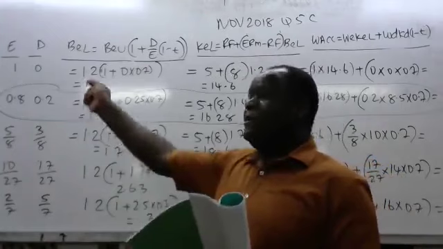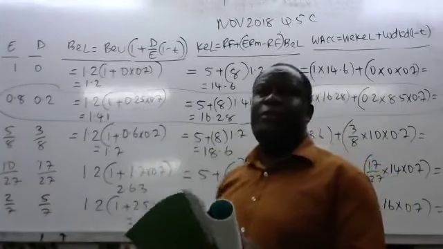As you see, the 0.8 is the same as 80%, 0.2 is the same as 20%.